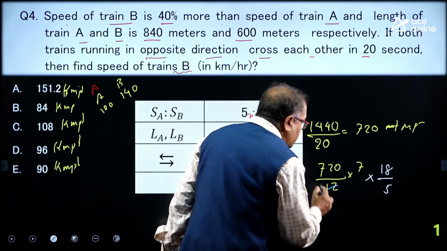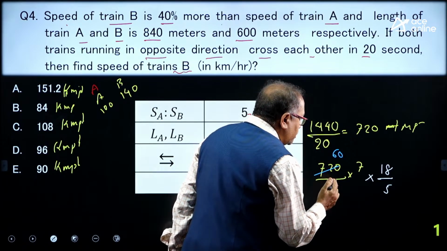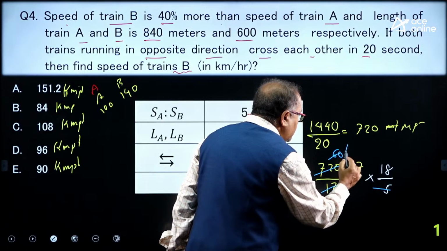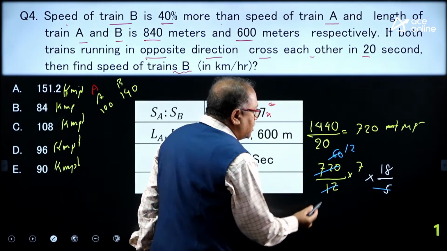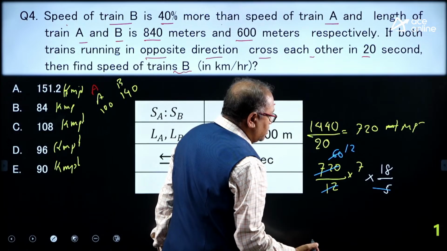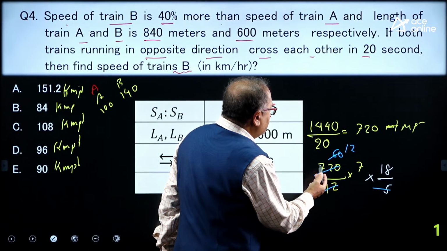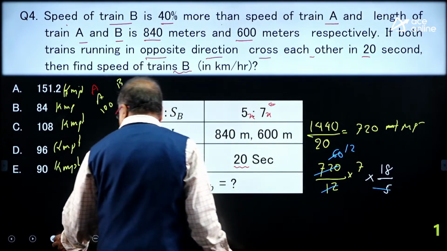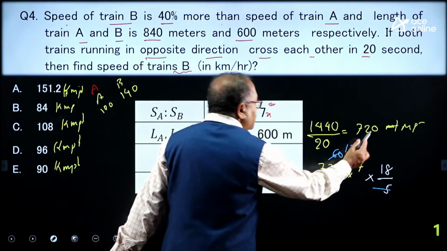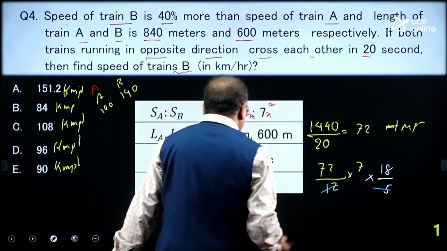So, with this one, 12 sixes are 72, and with 5, this is 12 times 7 times 18 over 5, am I right? Is that what we are looking for, is it 720? No, 72. I made a mistake in the calculation, 72.